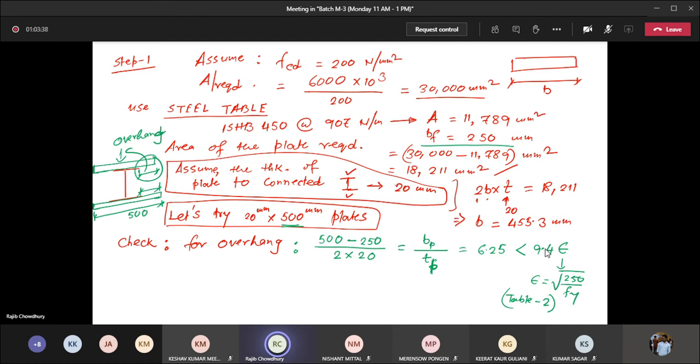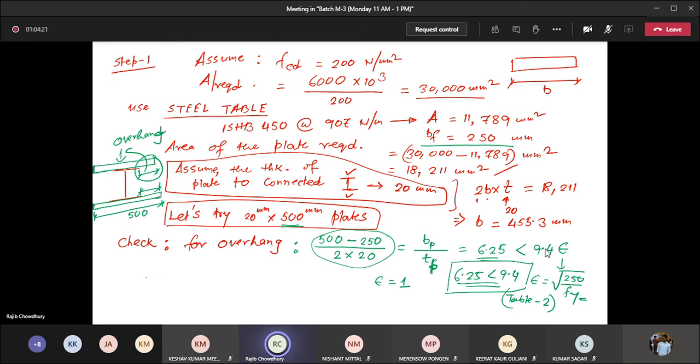Now we are taking Fy as 250, so epsilon becomes unity. So 6.25, after making the calculation, is less than 9.4 times epsilon, so 9.4. This cross check is required, otherwise local buckling will happen at the flange itself or the outstanding part itself.